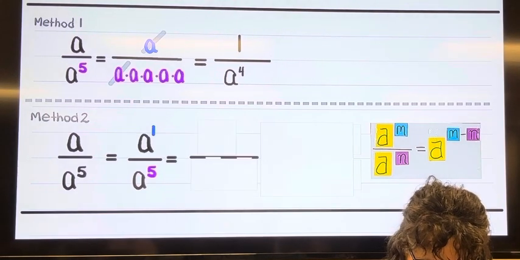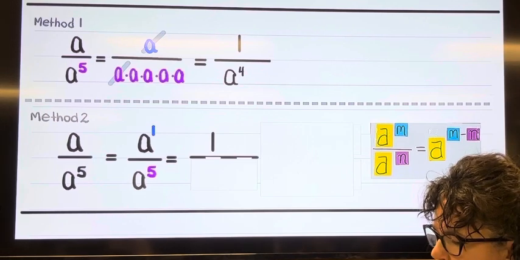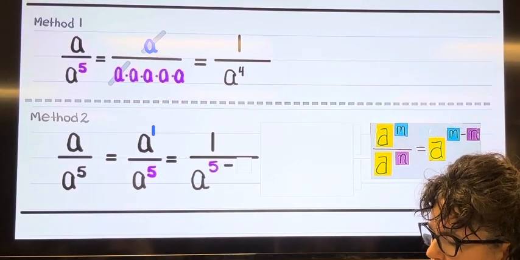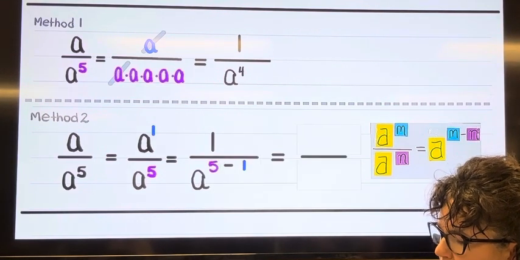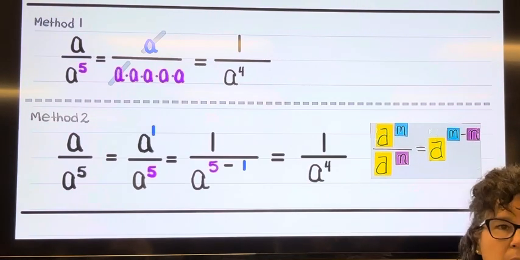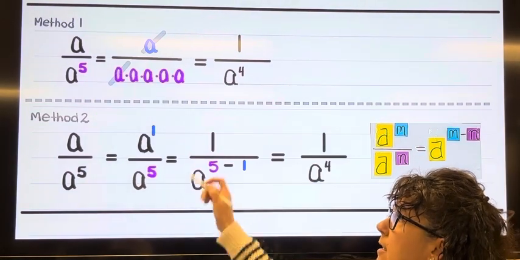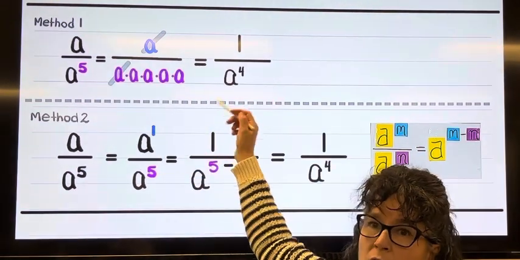All right, so here we go. So I have 1 still in the numerator, and then the leftover 5 minus 1, I end up with 1 over a to the 4th power. But worst case, if you get stuck, just expand and cross things off.